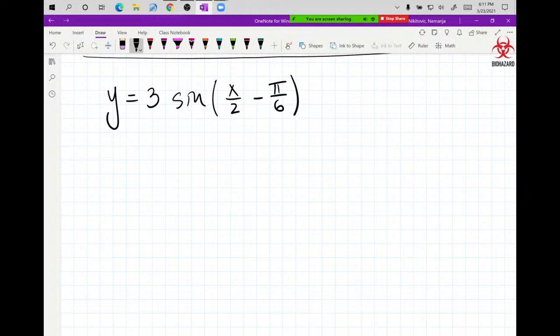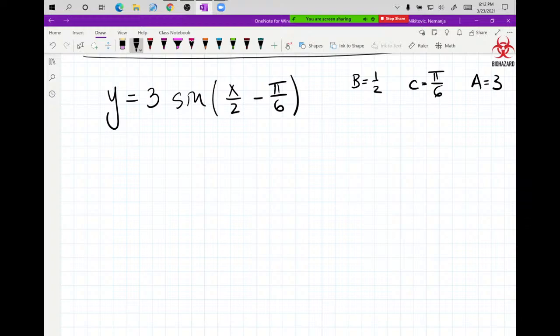All right, so now I have amplitude, I have b value, which is 1/2, I have c value, which is pi over 6, and I have a, which is 3. So these are all of the specs that we have to use to graph this.